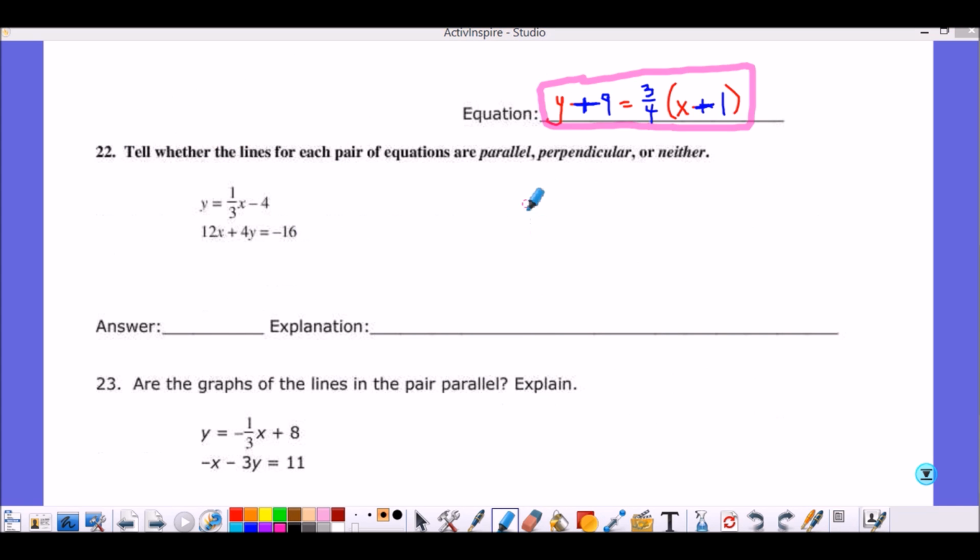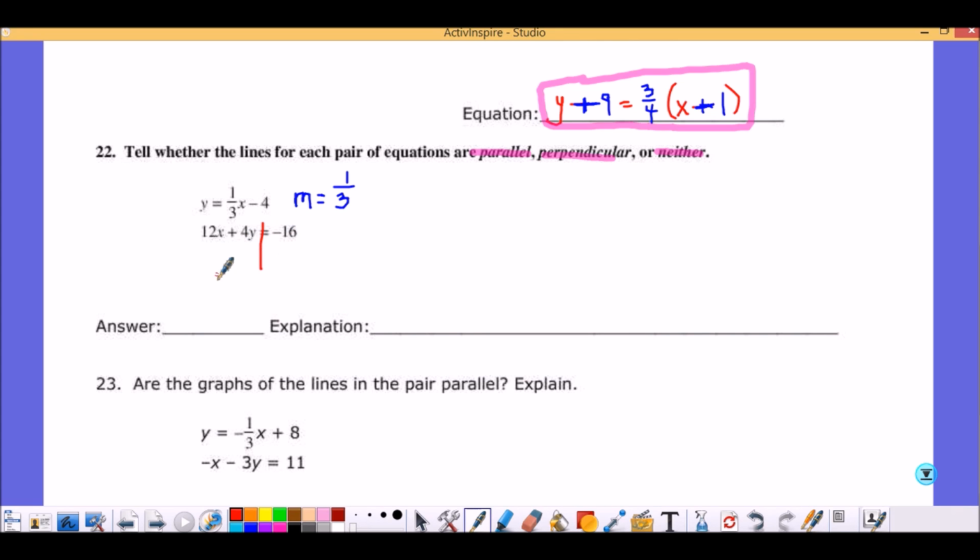For problem number 22, we're going to tell whether the lines are parallel, perpendicular, or neither. Alright, so the first thing I want to look for is the slope. So in this top example, my slope is 1/3. Unfortunately, in the bottom example, it's not that obvious.